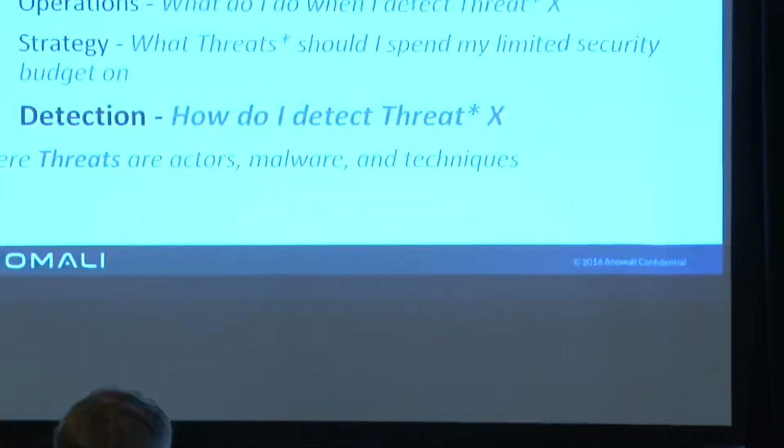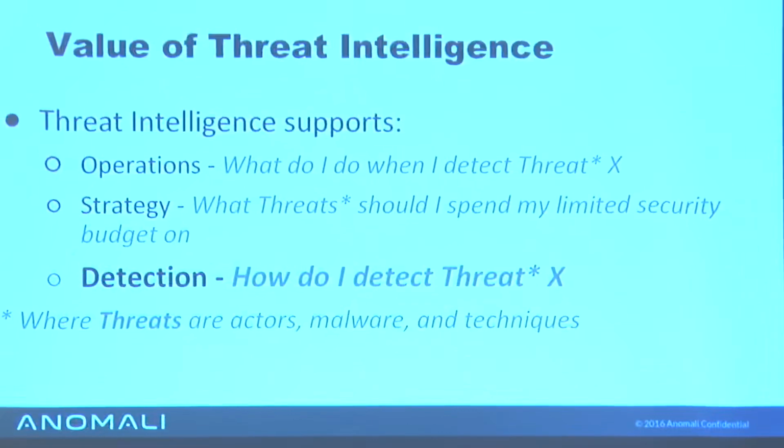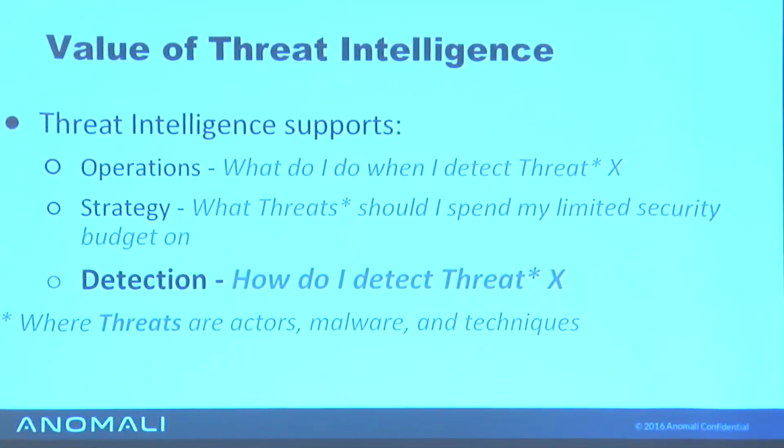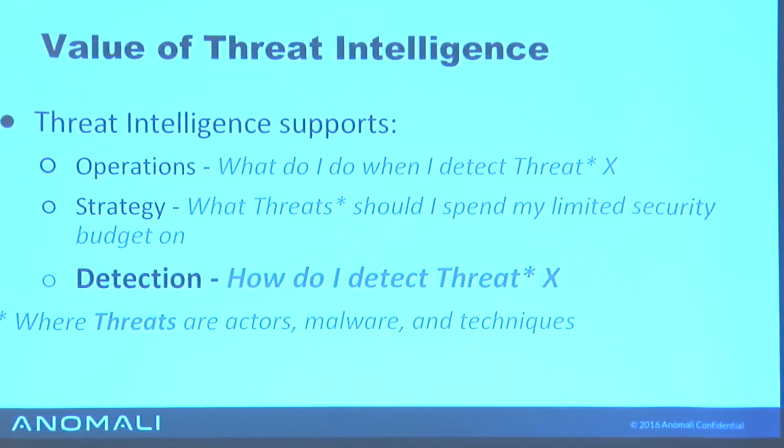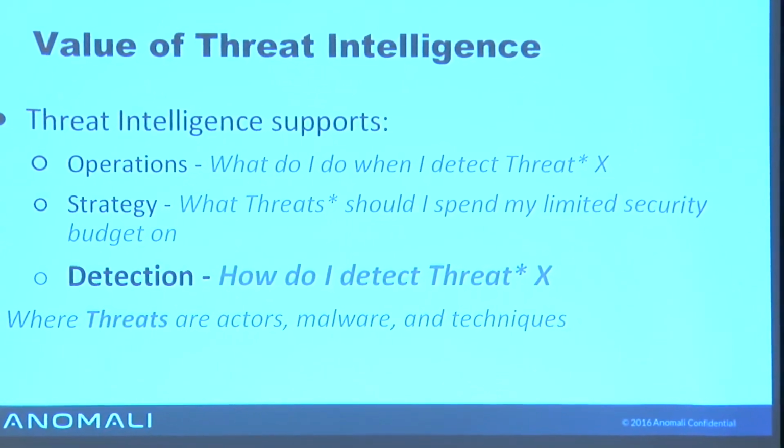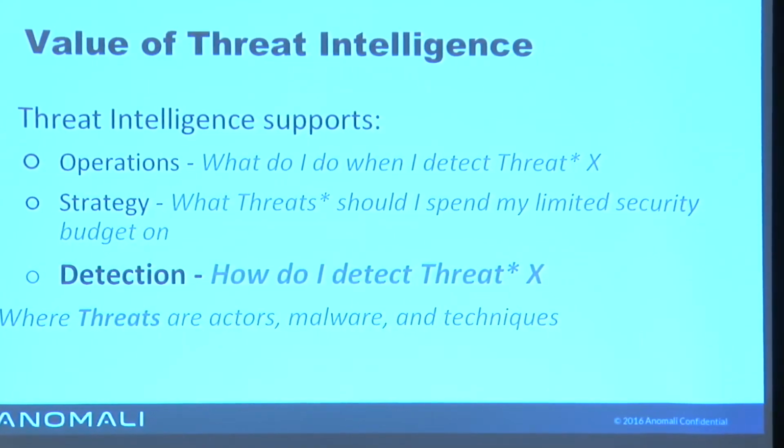So if we take a step back again and think about it, threat intelligence can really support three different functions: operations, strategy, or detection. In the operational world, your threat intelligence data is really helping you out with what to do when you detect threat X, whether that's an actor, a piece of malware, or exploit kit, or what have you.